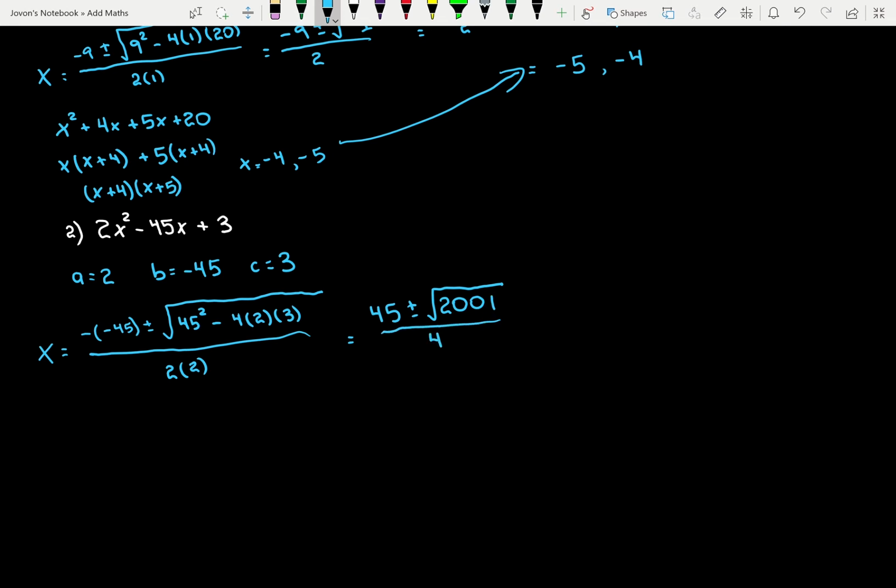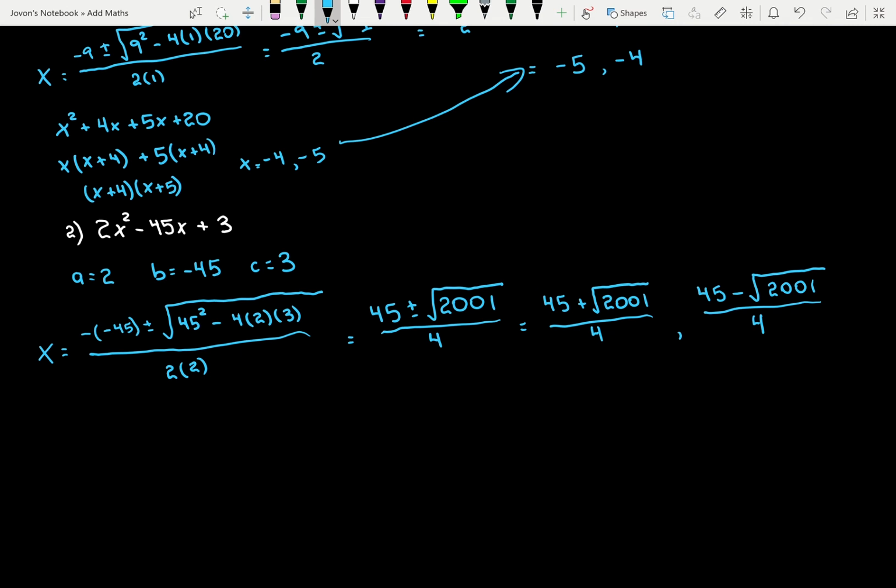Okay, so now this, as you can see, looks very complicated because the square root of 2001 is 44.73253849. It doesn't make sense writing that out, so we leave it like this. Therefore the two terms would be 45 plus the square root of 2001 all over 4, comma, 45 minus the square root of 2001 all over 4.